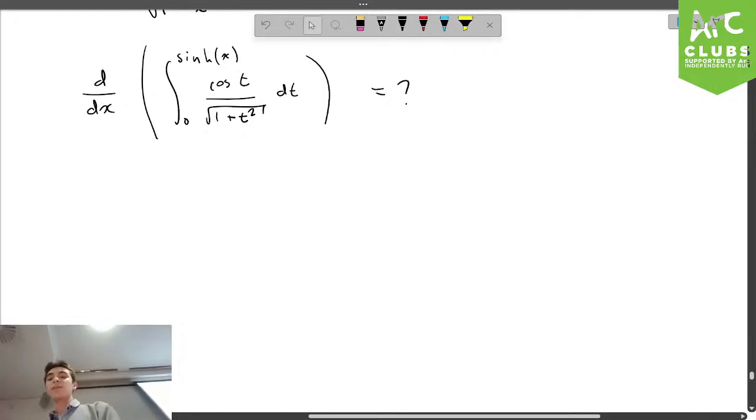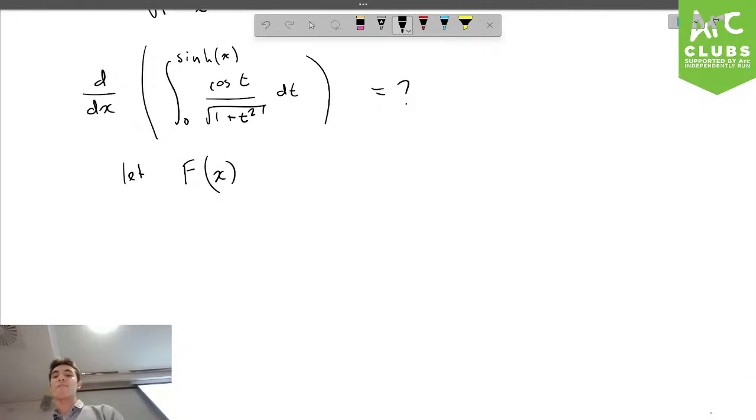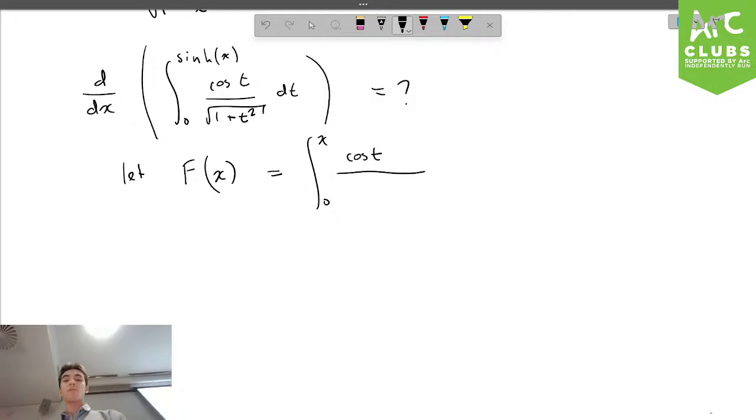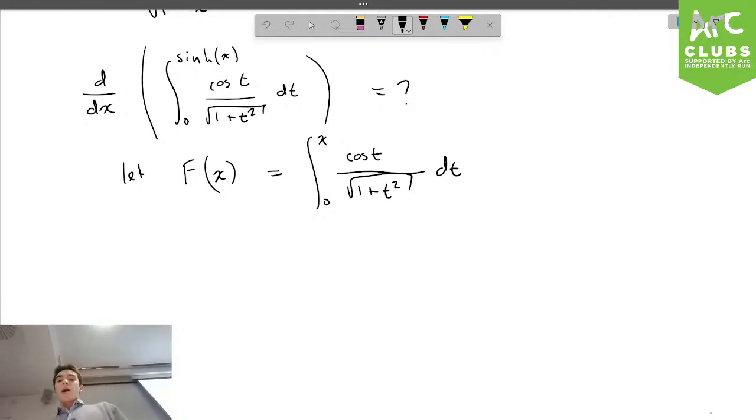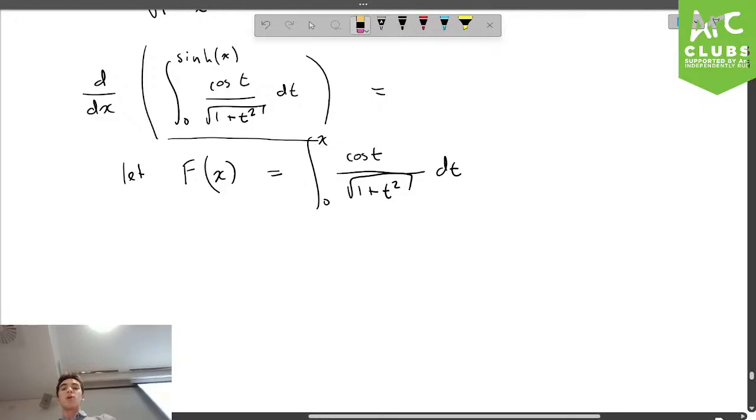And what I did was I said, let this function f of x equal the integral from 0 to x of this t stuff. And what we've noticed is that this expression we got given is equivalent to f evaluated at hyperbolic sine of x. Do you see that?